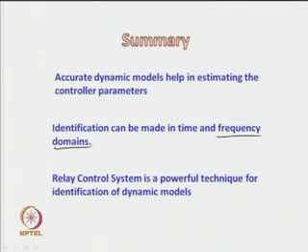Relay control system is a powerful technique for identification of dynamic models of real time processes, because there is no worry about getting suitable values for the proportional controller gains.